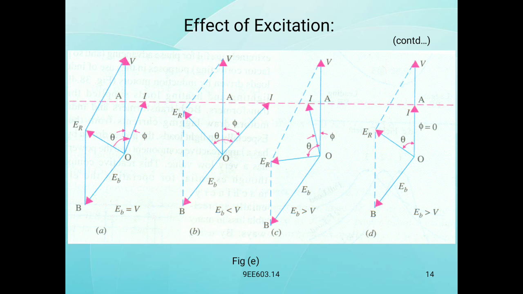And here EB is slightly greater than V, so V and I are in phase. This is the effect of excitation on the phasor diagrams for different excitations.